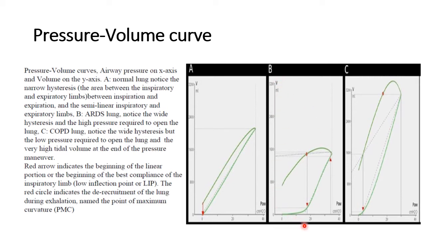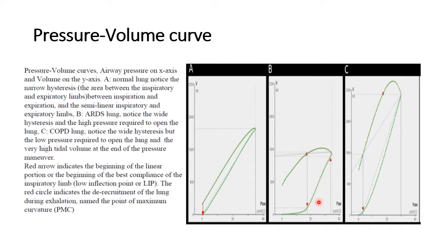In slide B, this is an ARDS, or severely restrictive lung disease. You can appreciate the difference here. The airway pressure is increasing with not much increase in the tidal volume until that point, which is called the low inflection point. Inspiration then becomes linear or more compliant.